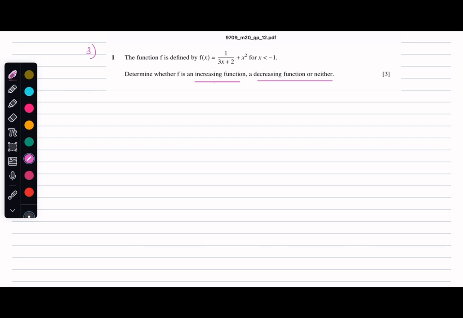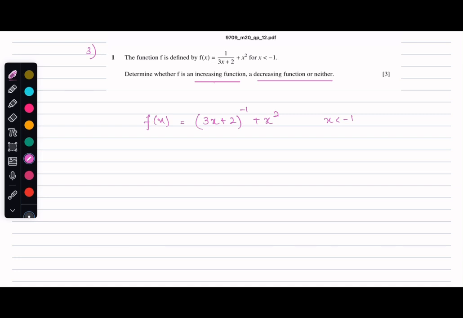Let's see what happens if f(x) is given as follows. I will take the denominator to the numerator, so that it's (3x plus 2) to the power negative 1, plus x squared, and we already know the condition: x needs to be less than negative 1.